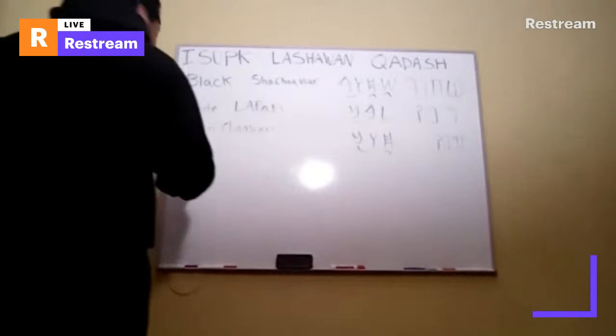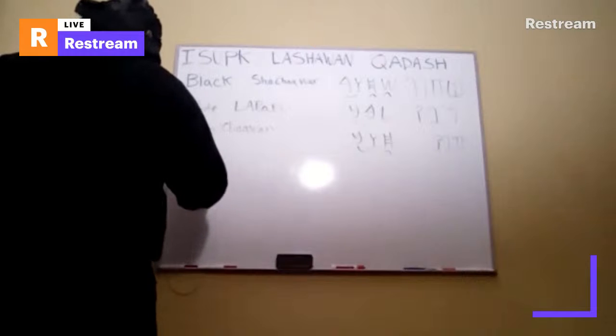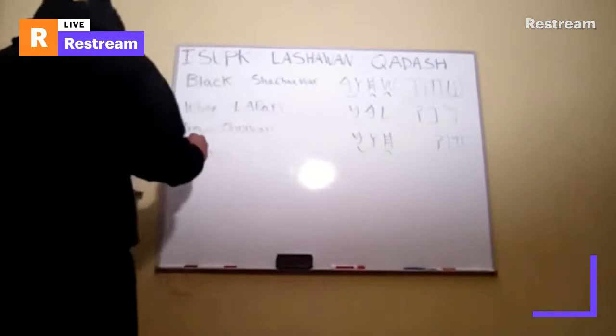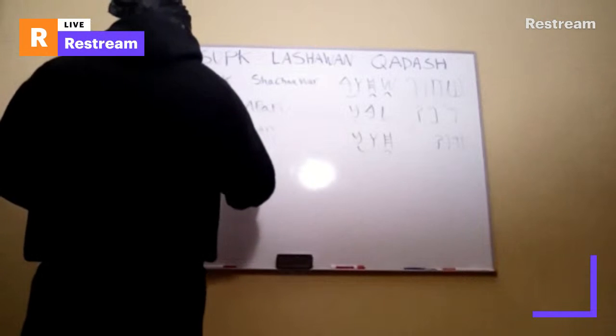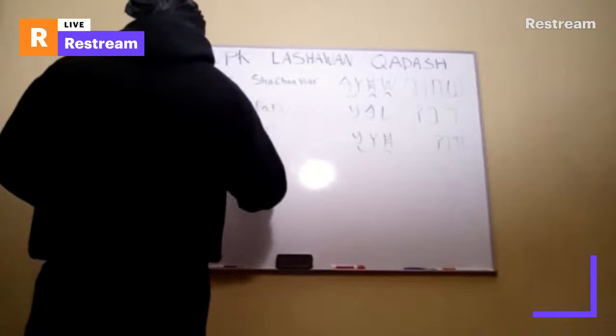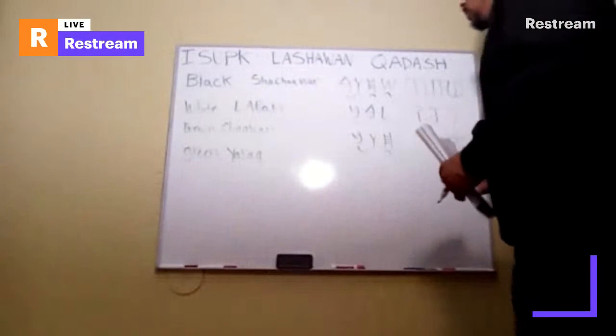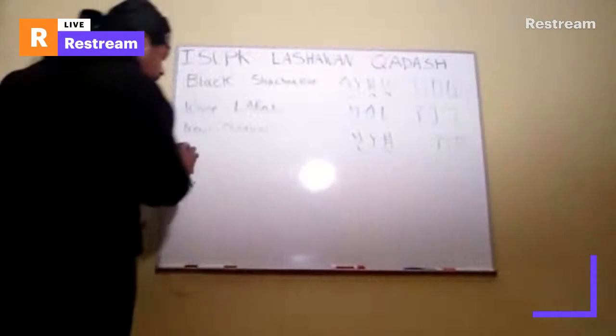Next we have green, or Yarak in the Lashon Kodash. Right? Let me write this a little bit further down.